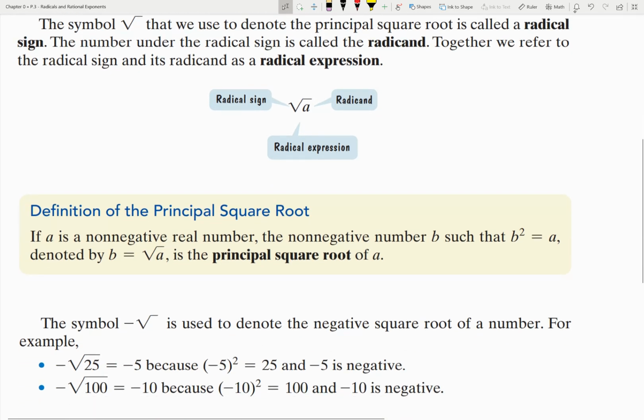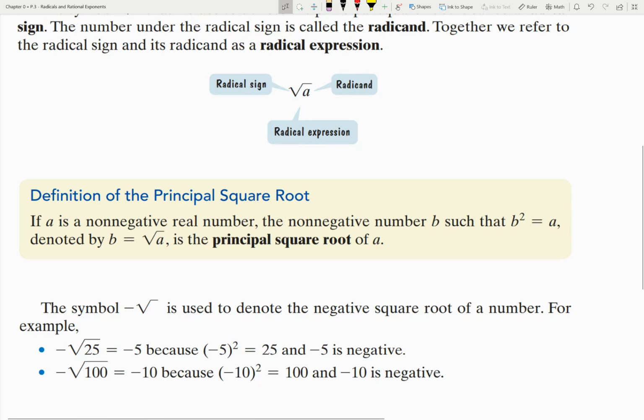Here's the definition of a principal square root. What we just talked about: a non-negative real number. That's important. If we're talking about a square root, then a, the part underneath the square root, the radicand, has to be non-negative, because if it was negative, then it would be imaginary.